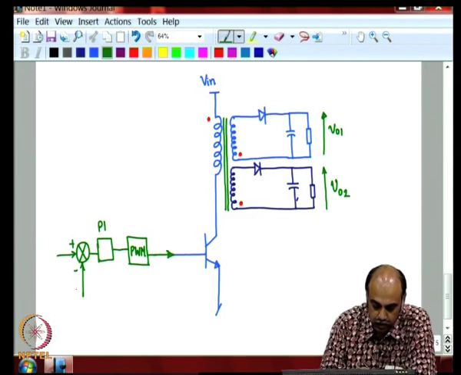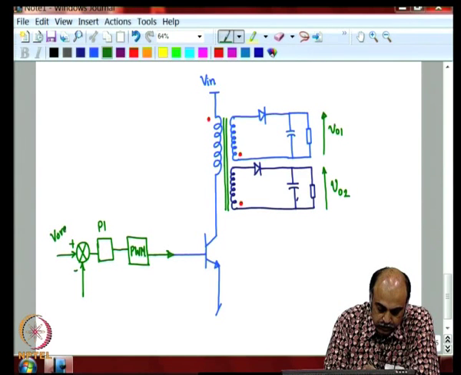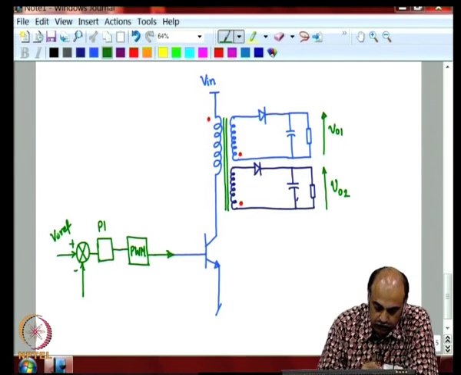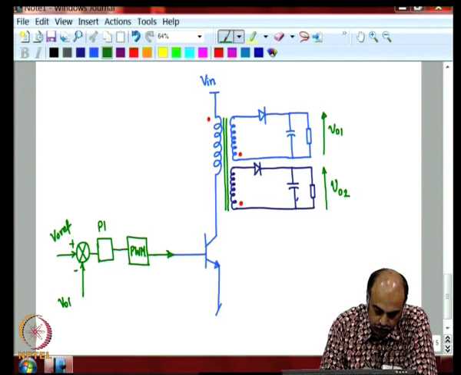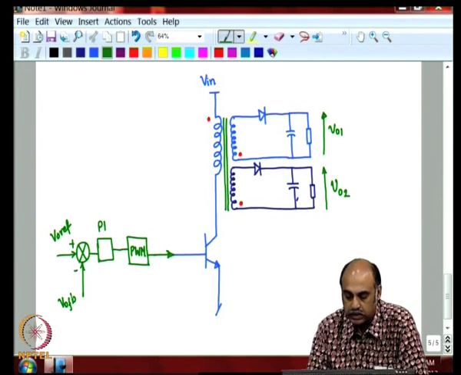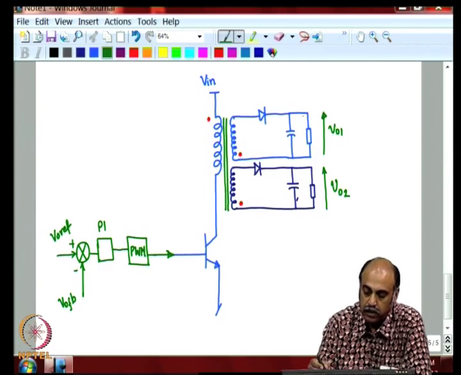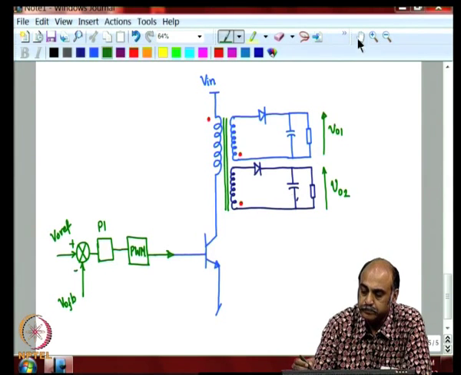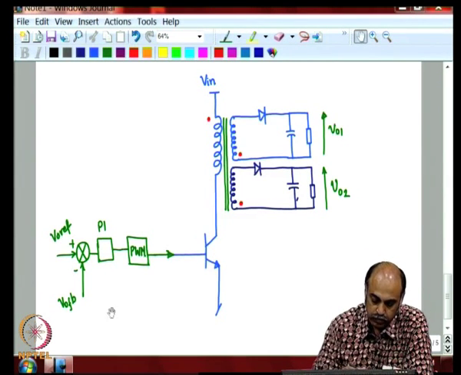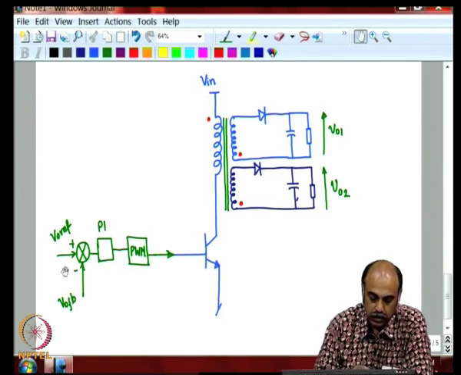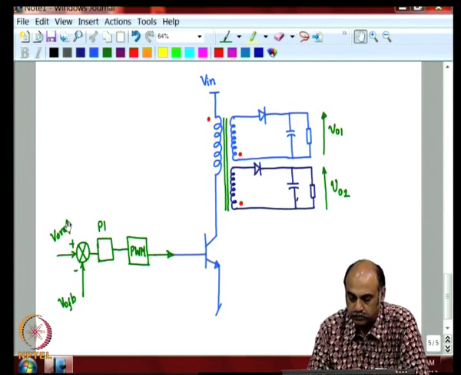All this coming in here with a V naught reference. Which V naught reference would you give? Which is the V naught that has to be fed back from the output side? What would be fed back here, and what should be the V naught reference here? Now, these are the questions.